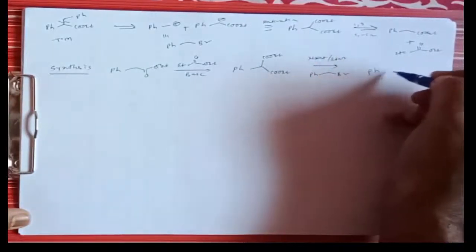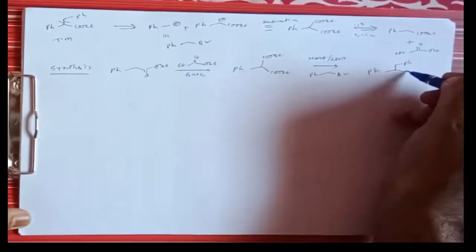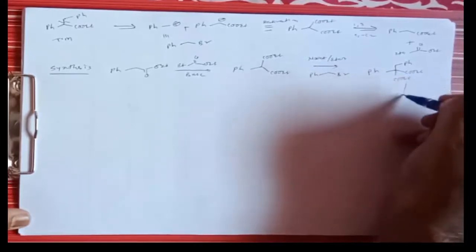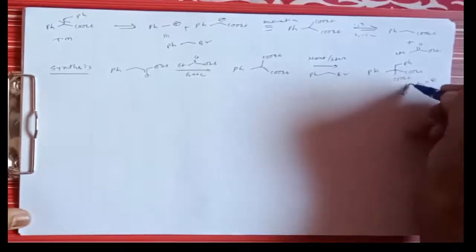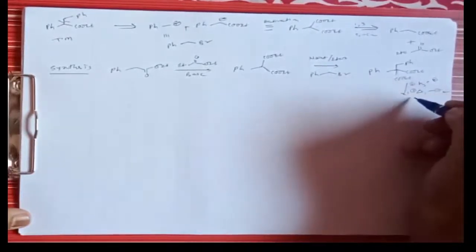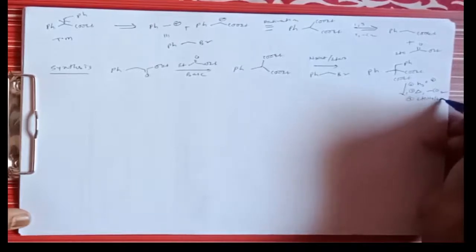It gives formation of Ph, then CH2Ph, then COOEt, and if we then go for hydrolysis, H3O plus, and heating, it gives decarboxylation, and again we have to go for sodium methoxide in presence of ethanol, so it gives formation of a target molecule, right? So this is again a simple method to prepare such types of target molecules.